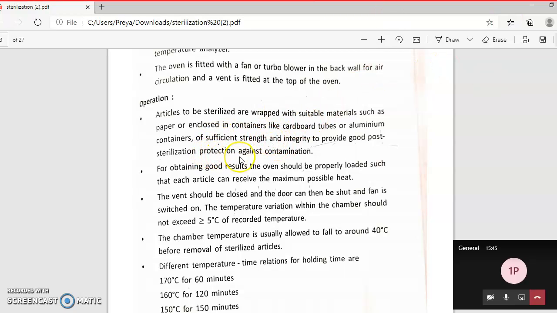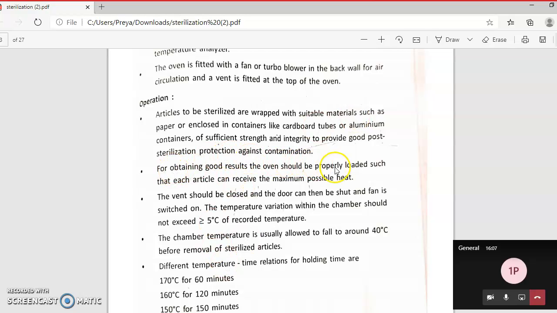So that we can minimize the contamination, okay? Otherwise, if you do not wrap it with paper and collect it from the oven, and you have not sterilized your hand, then directly your equipment or articles become non-sterile, right? That's why you have to wrap it with some material.